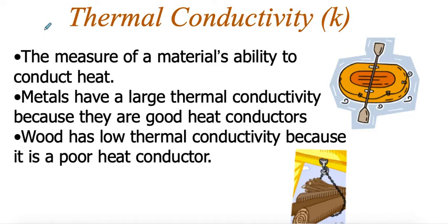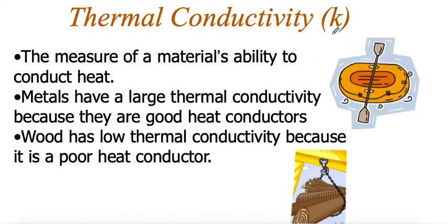And one other thing that goes with conductors and insulators is thermal conductivity. Each substance has a rating of thermal conductivity. Thermal conductivity is a measure of a material's ability to conduct heat. Metals are very good conductors, so they're going to have a large thermal conductivity value.